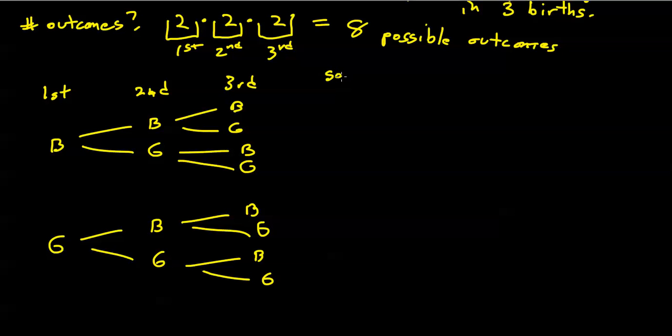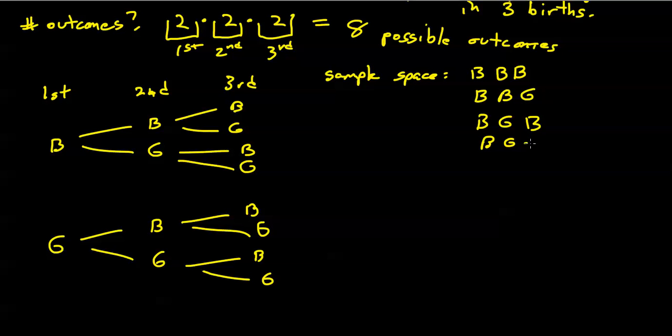So what I'm going to do is list the sample space, a list of all possible outcomes: boy boy boy, boy boy girl, boy girl boy, boy girl girl, girl boy boy, girl boy girl, girl girl boy, and girl girl girl.